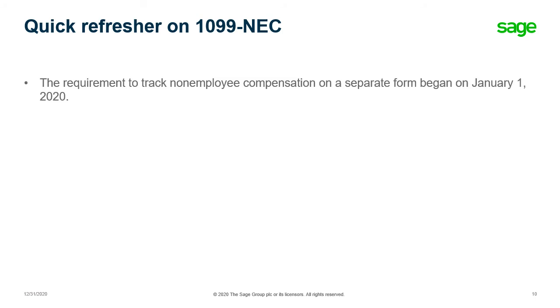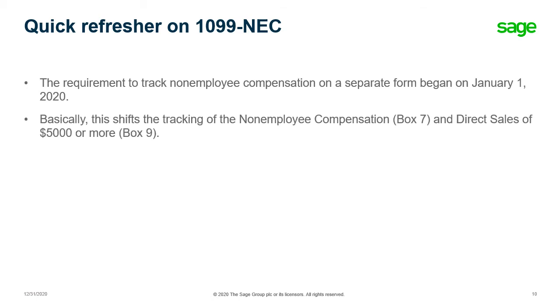Now the requirement to track non-employee compensation on a separate form began on January 1st, 2020. Basically what this does is it shifts the tracking of the non-employee compensation, that was box 7 on the miscellaneous form, and direct sales of $5,000 or more, that was a check box, box 9 on the 1099 miscellaneous.